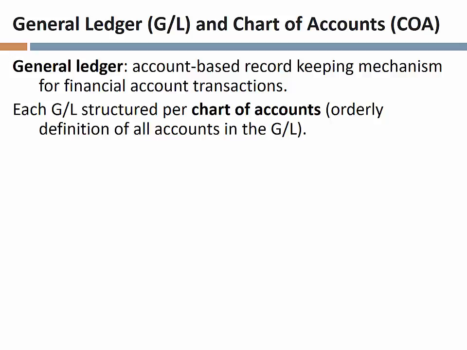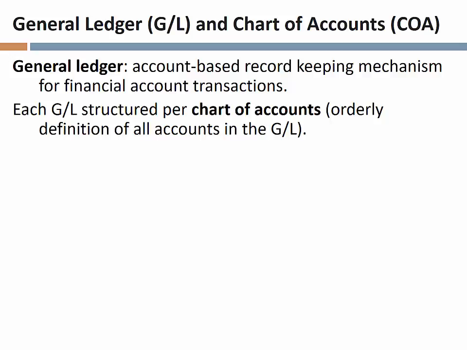And then the chart of accounts, if you will, I like to use analogies where they're appropriate, and I think this one works pretty well: a table of contents is to a book as the chart of accounts is to the general ledger.